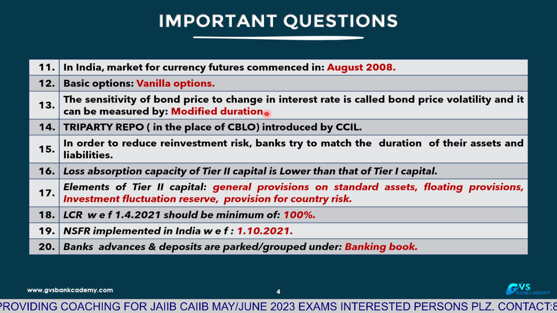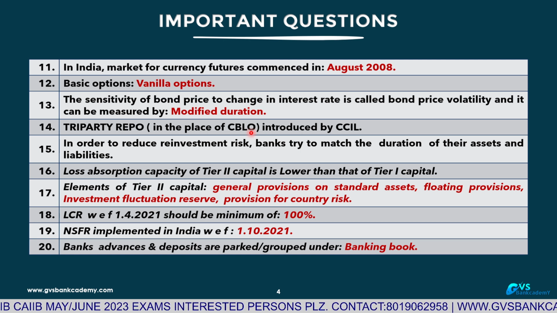Modified duration. Question number 14. Tripartite repo was introduced by the Clearing Corporation of India in the place of CBLO, collateralized borrowing and lending obligation, in 2017. It was introduced by RBI in order to reduce reinvestment risk.